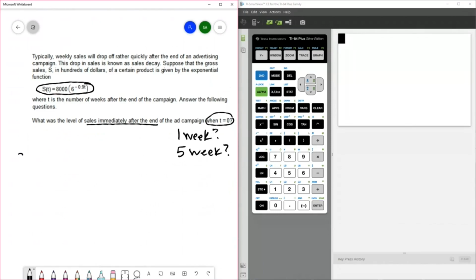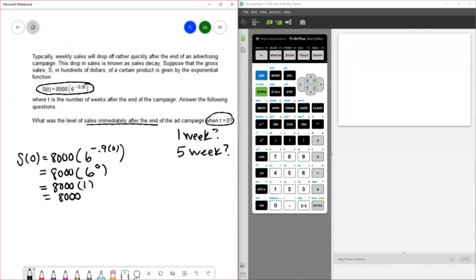So the first question is, what were the sales immediately after the end of the campaign when t equals 0? We'll use our model with t equals 0 and get 8,000 times 6 to the negative 0.9 times 0. This is 8,000 times 6 to the 0 power. 6 to the 0 power is 1, and 8,000 times 1 is 8,000.